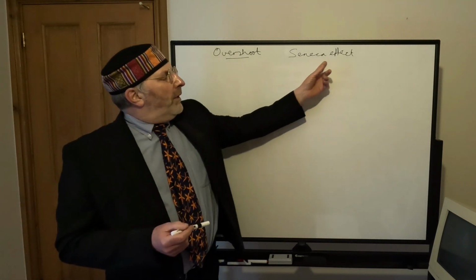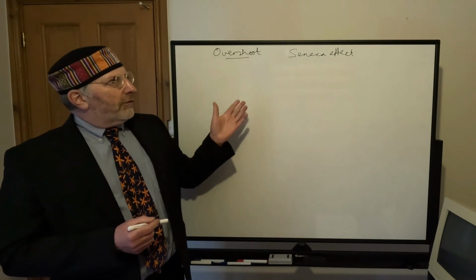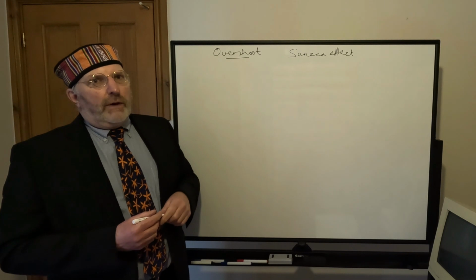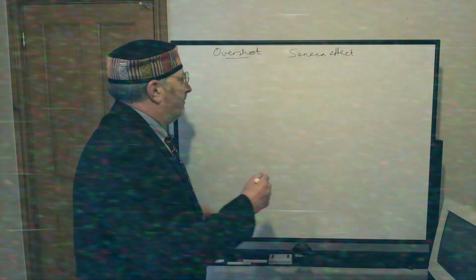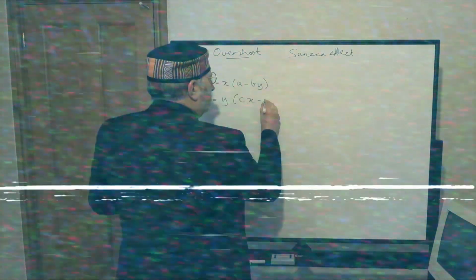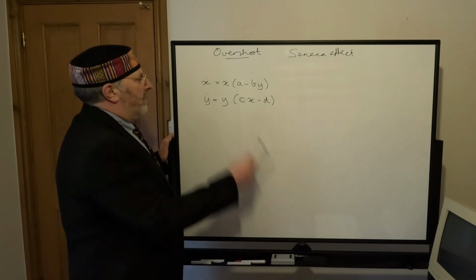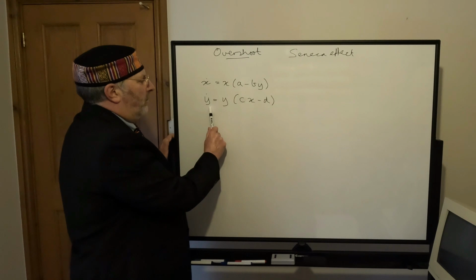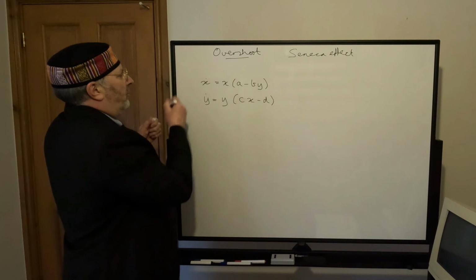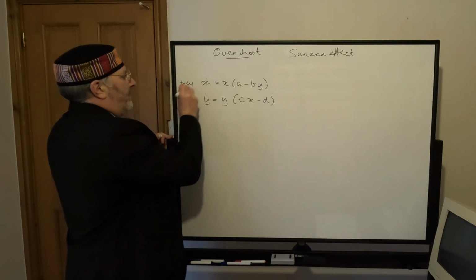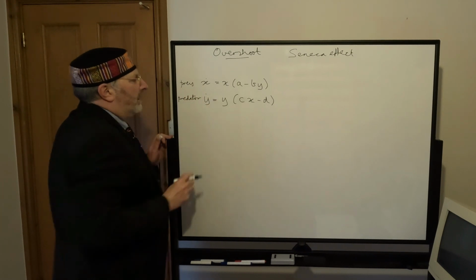So one way to reproduce this Seneca effect is to start with the Lotka-Volterra equations and adapt them a bit. So let's have a look at that. Okay, so this was our basic Lotka-Volterra equations. x dot equals x times (a minus by), y dot equals y times (cx minus d), where x was prey and y predator.